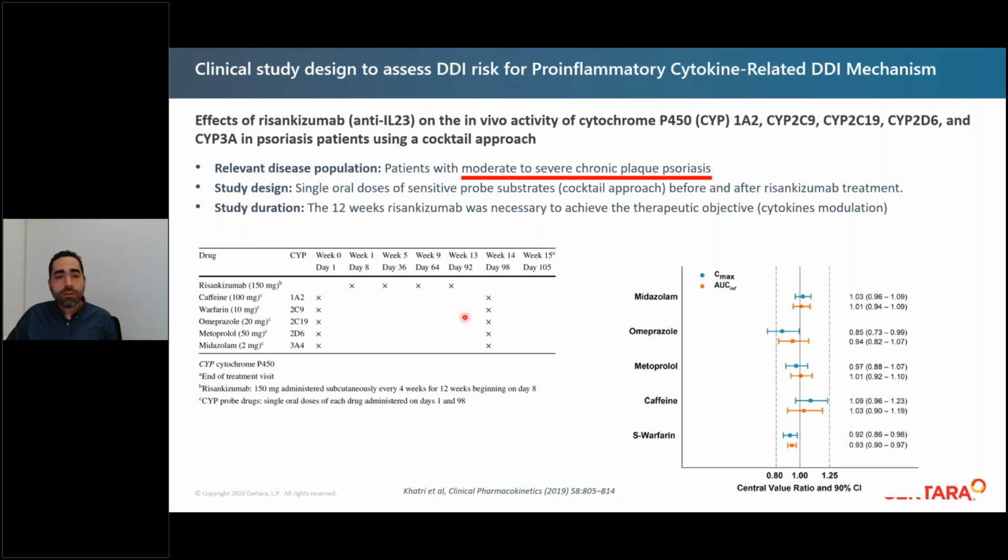These cocktail drugs were administered before starting the treatment with the therapeutic protein and after the treatment with the therapeutic protein, so there is sufficient time for the washout between the two administrations. The study duration was driven by the treatment duration with risankizumab, which was 12 weeks, and this was necessary to achieve the therapeutic objective, meaning the treatment of psoriasis, but also the cytokines modulation. And in this example, you can see that no clinically meaningful drug-drug interactions were observed.